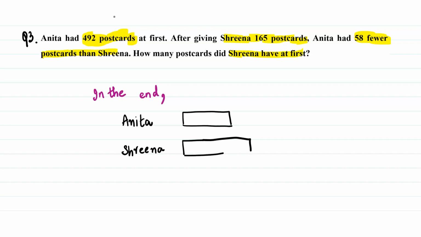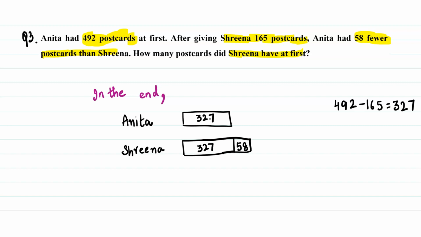So we have a bigger bar for Shrina, and the difference is 58. We know in the beginning Anita had 492 and she gave away 165. So right now she must have, in the end, 492 minus 165, which is equal to 327. So this part is 327, and this is also 327.